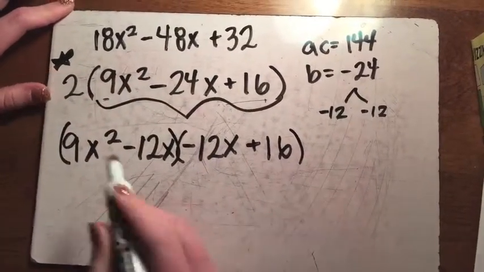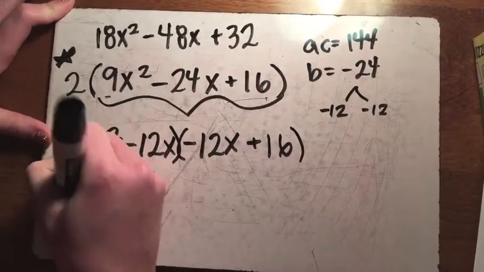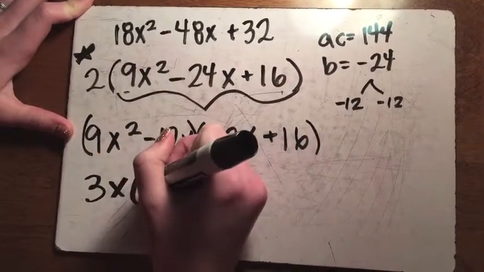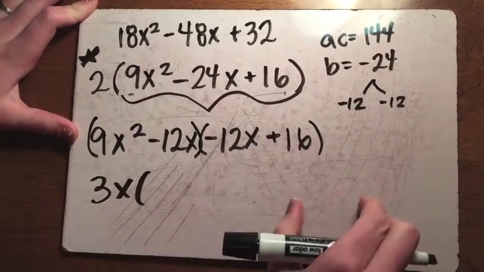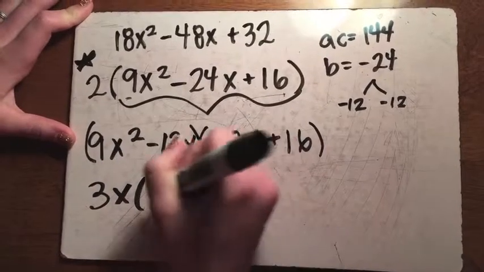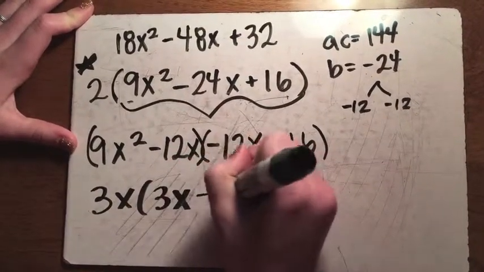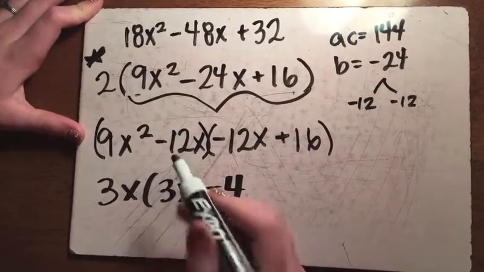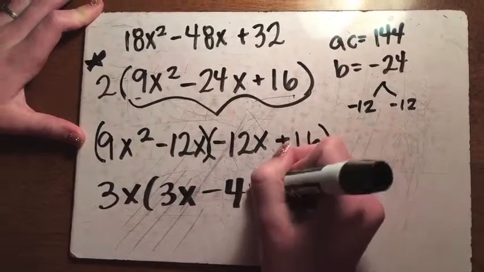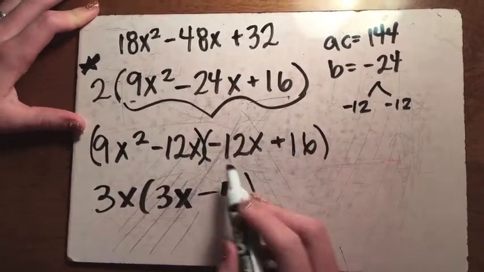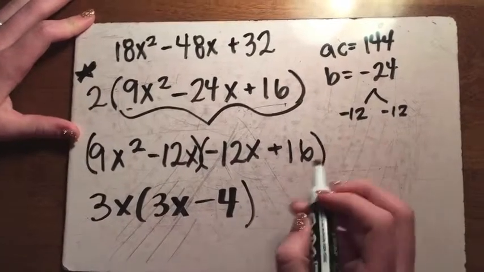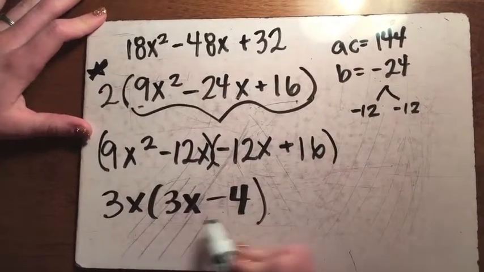And when we group, we take out a 3x here. And remember, what's inside the parentheses when you're left should be the same, and if not, there's something wrong. 3x minus 4, because negative 12 divided by 3 is negative 4. And then from this group, you can take out a negative 4. You want it to equal the same thing that you have here.